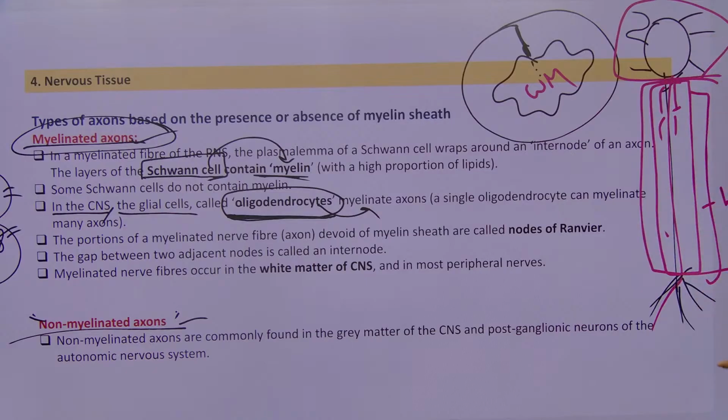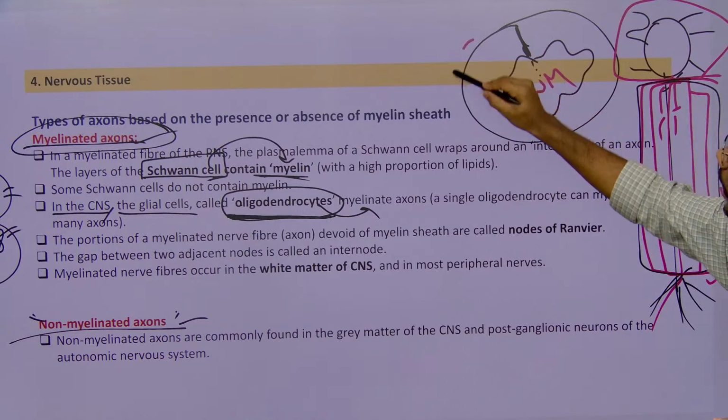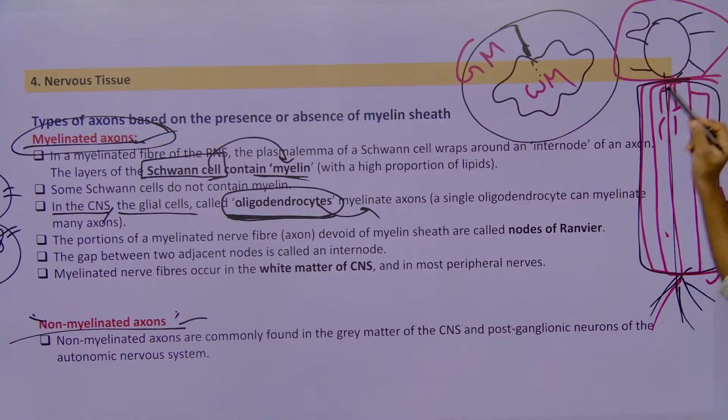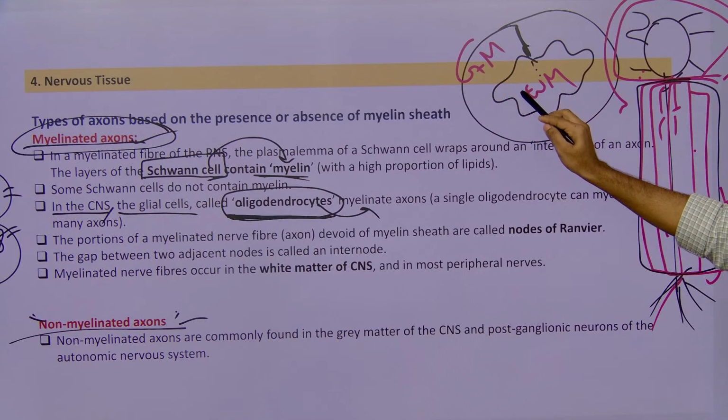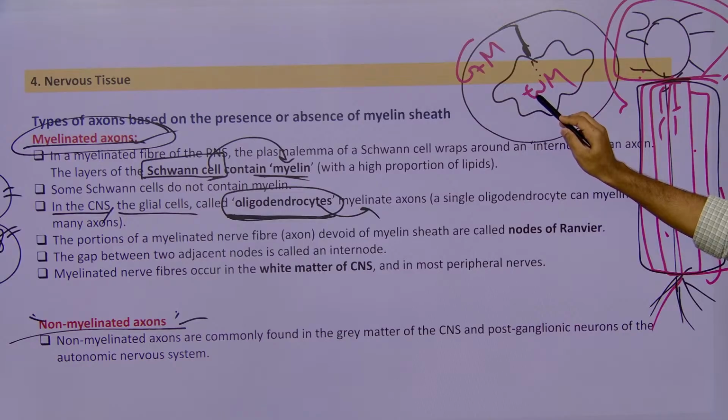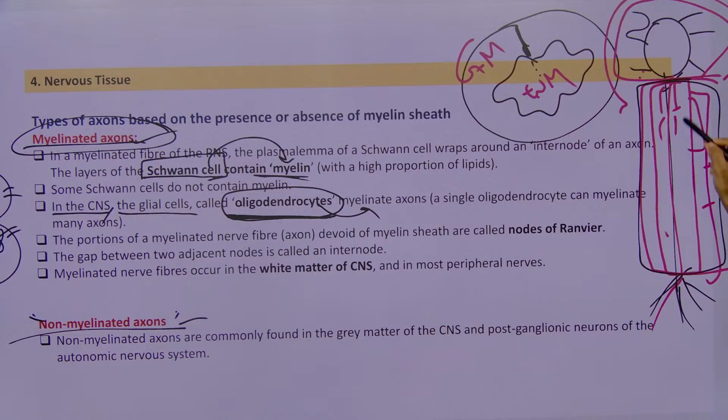In this brain, all of it is made up of axon portion only. Whereas in gray matter, what is there? Only cell bodies. The cell body of the neuron is in gray matter, and the axon is in white matter. So the white color is due to the presence of the myelin sheath. Just remember, myelin sheath is white color. This myelin layer is white color.